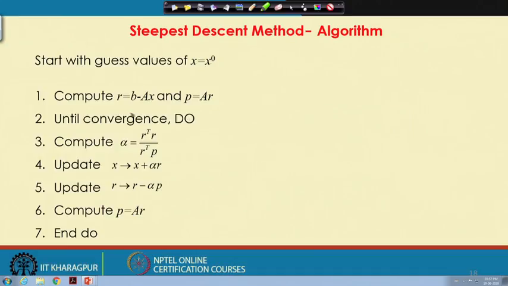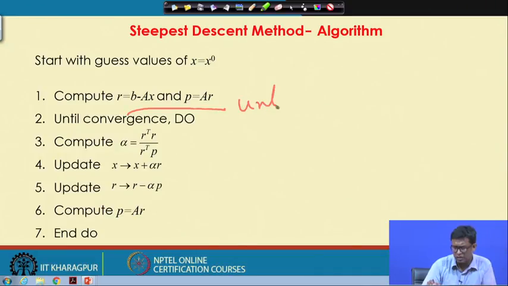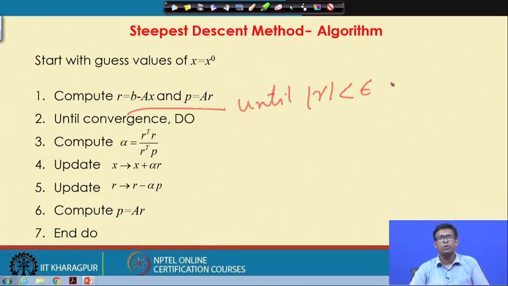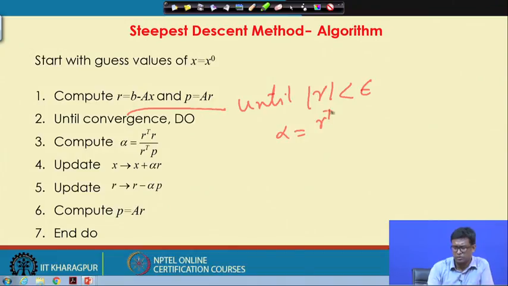Until convergence, that means until norm of r is less than epsilon, epsilon is a very small number, do: compute alpha which is r transpose r divided by r transpose A r, and now A r has been substituted by p.